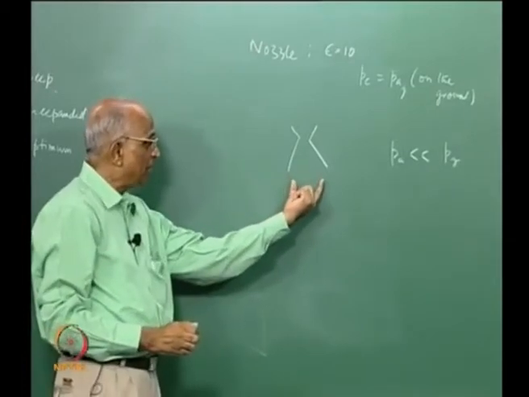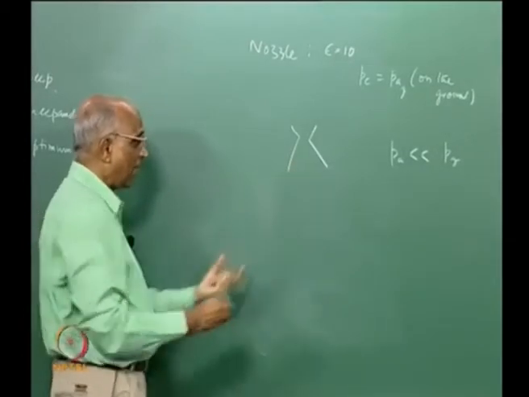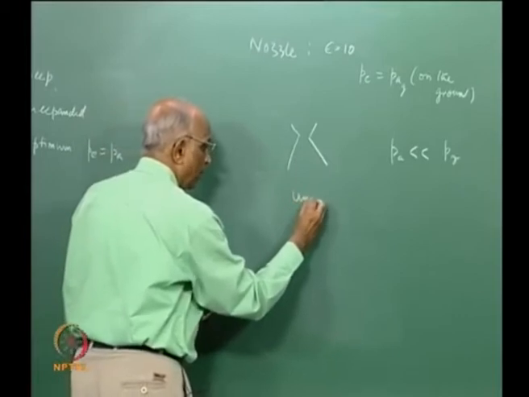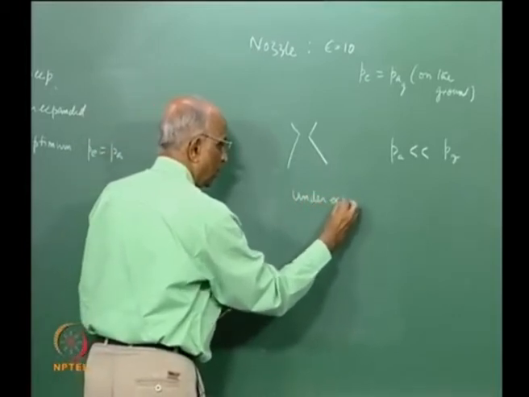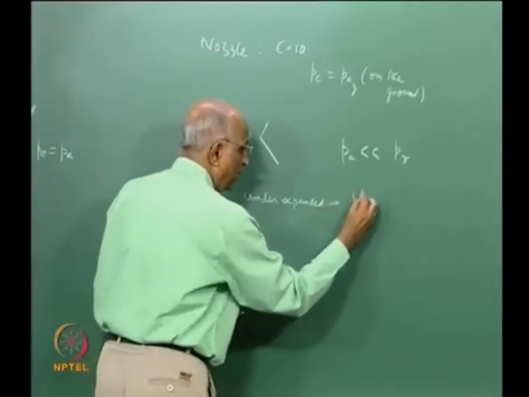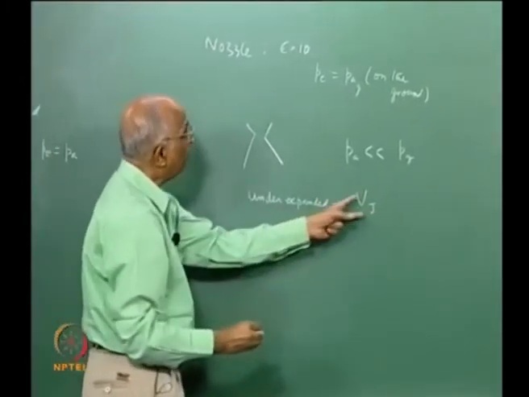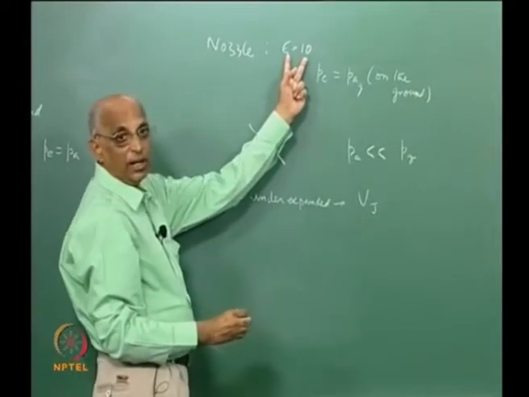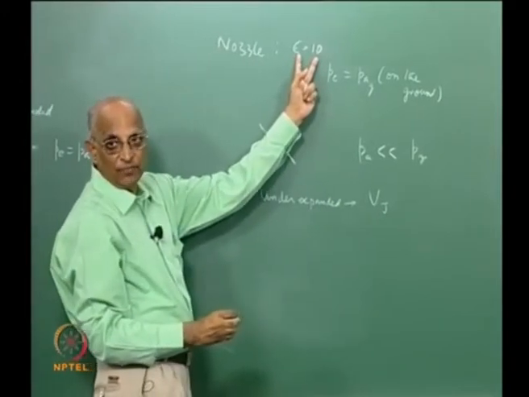My exit pressure has reduced, the nozzle becomes under expanded, and therefore I will not be able to get a high value of Vj, which would have been possible had I got a high value of expansion ratio.